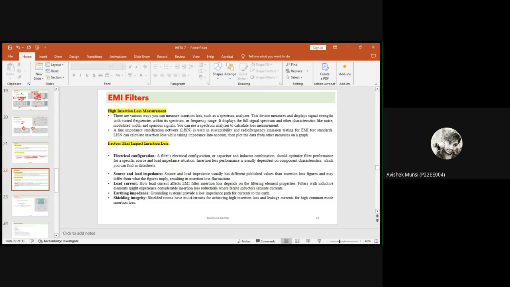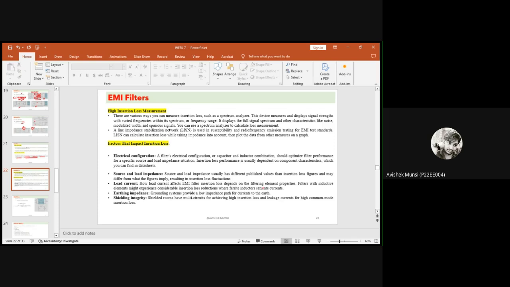Next, what are the factors that can impact insertion loss? One is the electrical configuration; you should check the data sheet for the insertion loss performance of the EMI filter. Next, the source and load impedance. The published source and load impedance values in the insertion loss figure imply that there will be more fluctuations in your insertion loss. Then load current and earthing impedance.